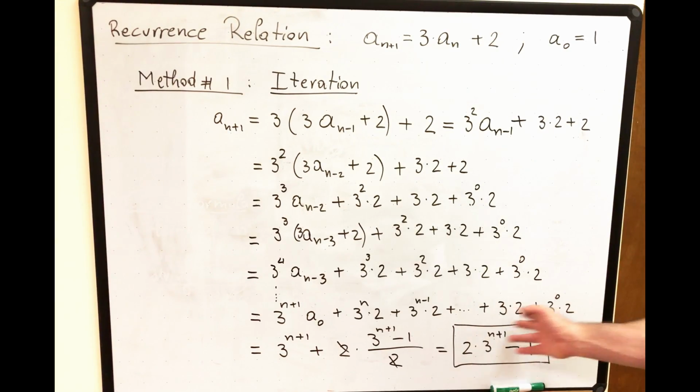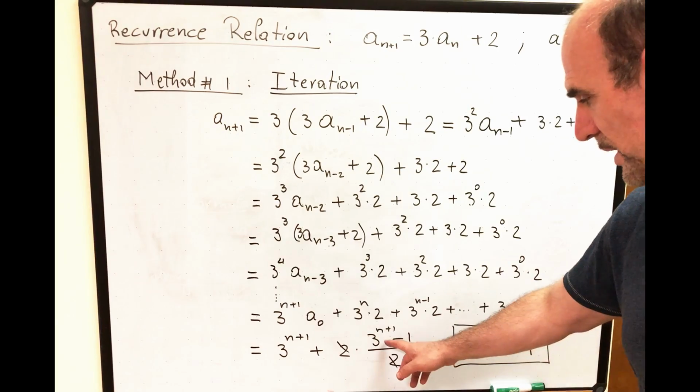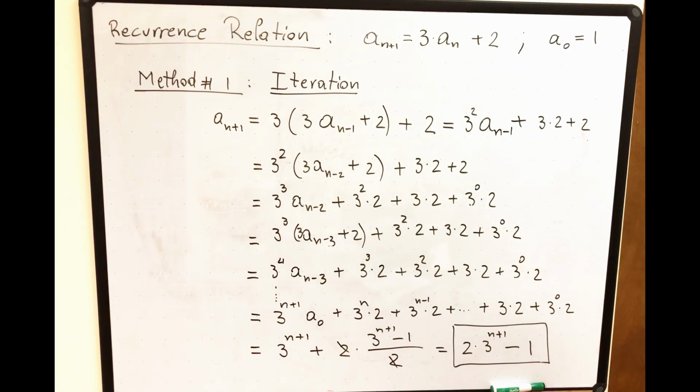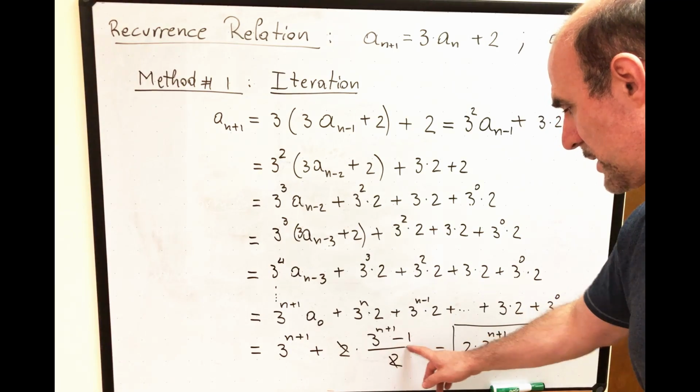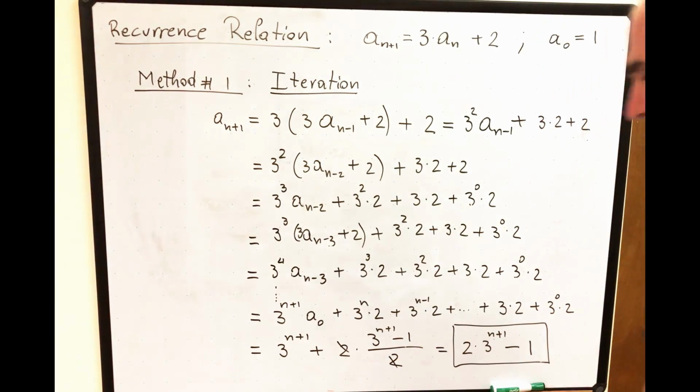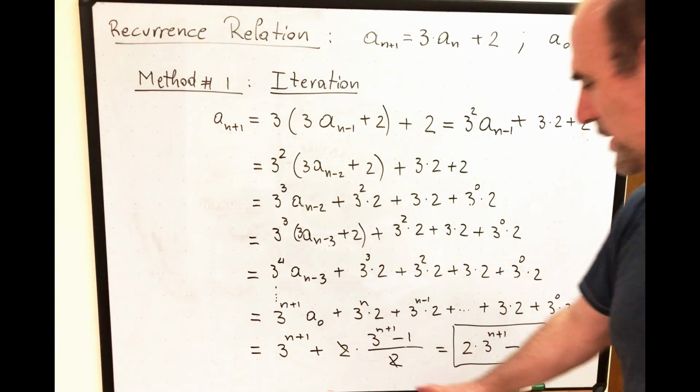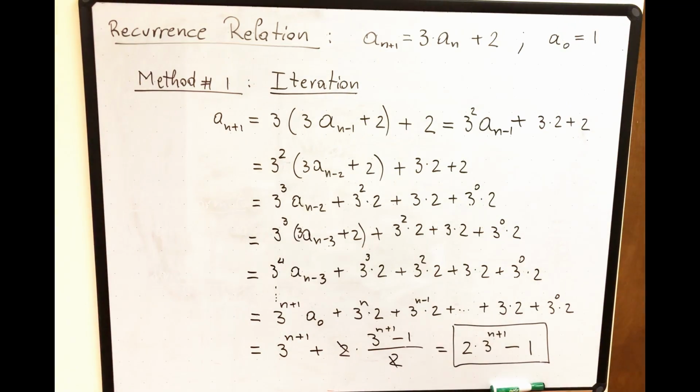So in that case, if you want, you can figure out 2, and the formula for the sum of finite geometric sequence is going to give you 3 to the n plus 1 minus 1 over 2. 3 minus 1 is 2. 2 and 2 cancels out, so the closed formula is going to be a of n plus 1 equals 2 times 3 to the power of n plus 1 minus 1.